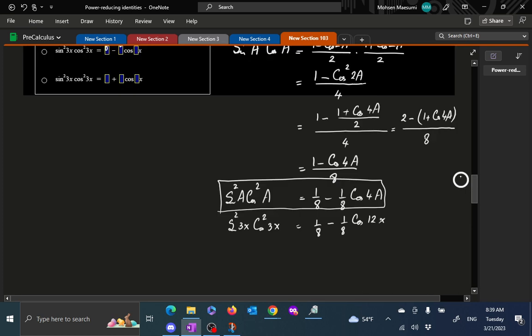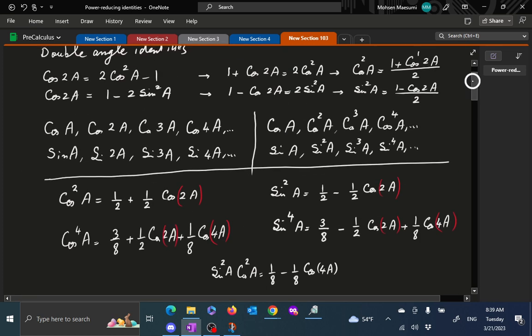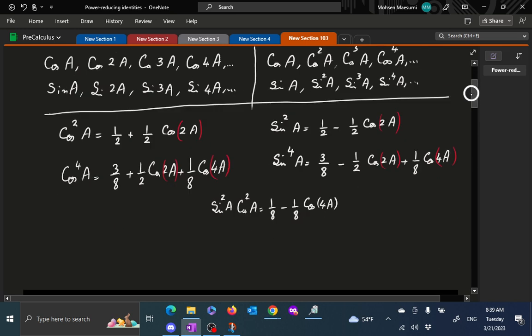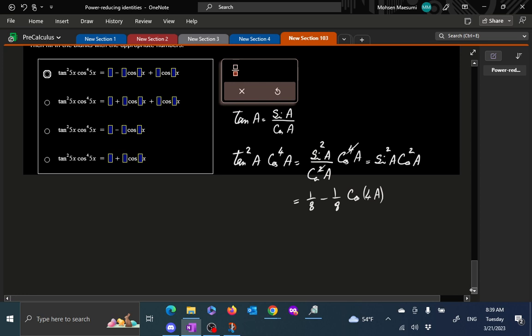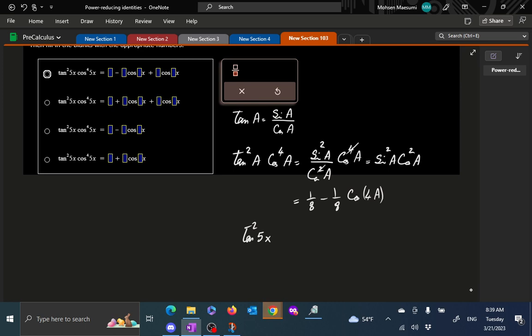So again, this is 1/8 minus 1/8 of cosine of 4a. In our problem, a is 5x, so tangent square of 5x cosine to power of 4 of 5x is going to be 1/8 minus 1/8 of cosine of, a is 5x, so it becomes 20x. So it falls into this category, and so the problem is done.